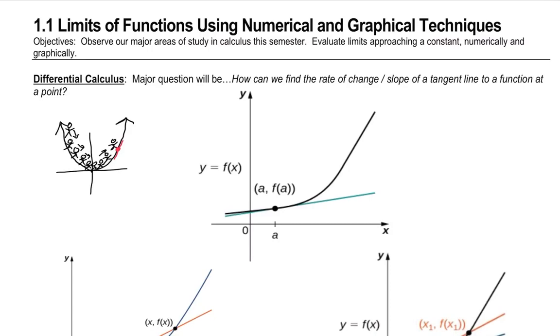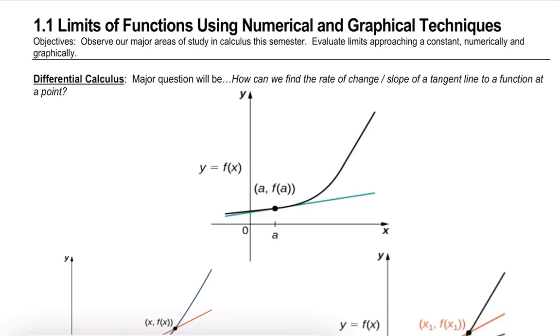Even looking at my little chicken scratch graph here, you can see that the line and the function itself are extremely close to one another when you're right near that point. So this tangent line, this line that touches at just that specified point, is what we're going to use to graphically represent the rate of change at a specified point.